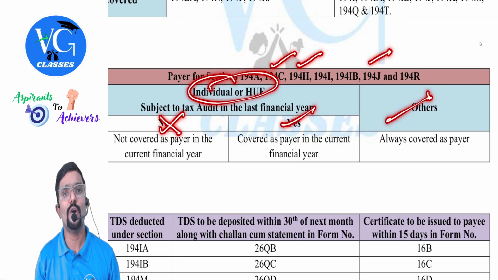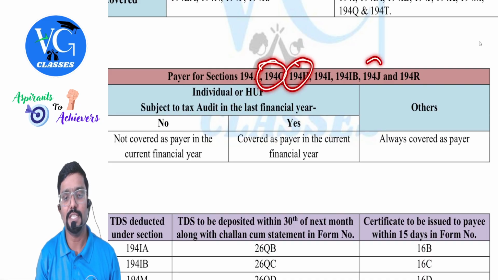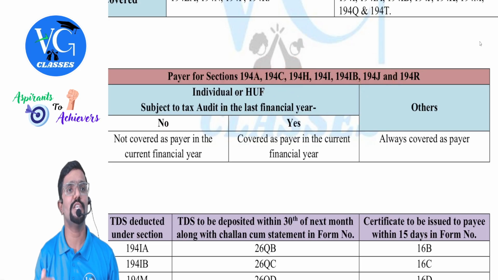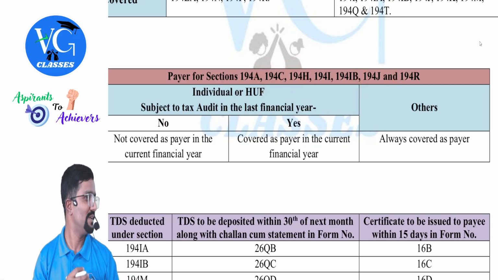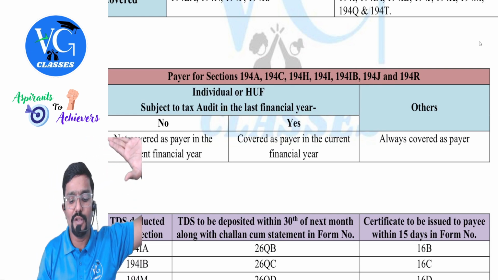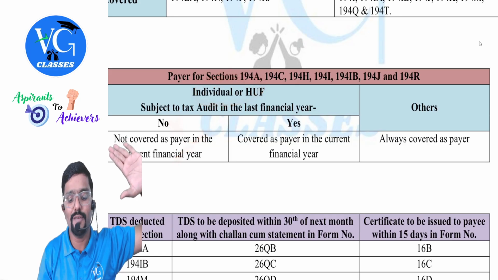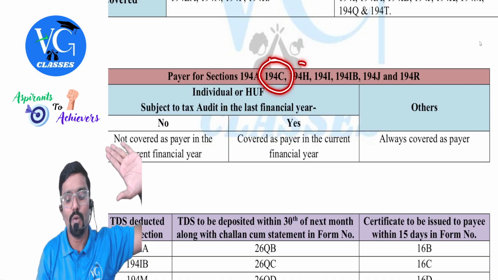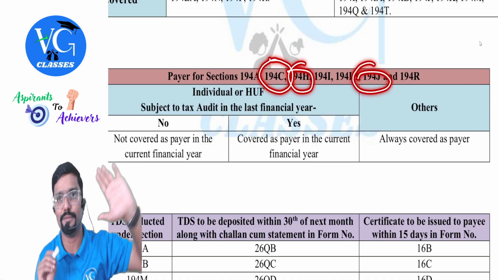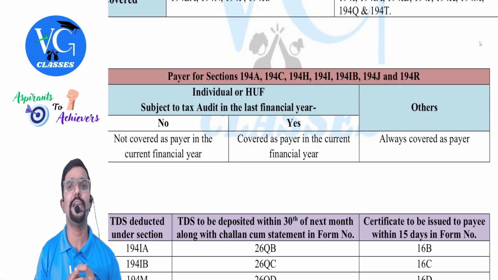Now, for those who are not covered under 194C, H and J, they introduced a new section, 194M. Hope you understood. The individual or HUF who was not subject to tax audit last year are not covered under 194C, 194H, 194J. But for them, they have added a new section called 194M.